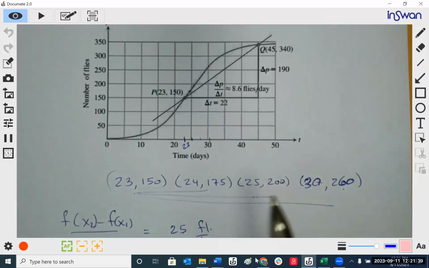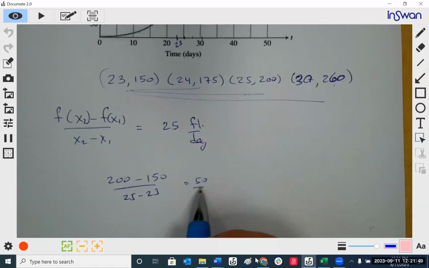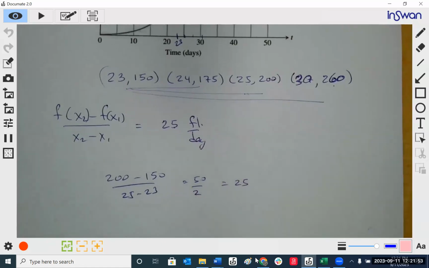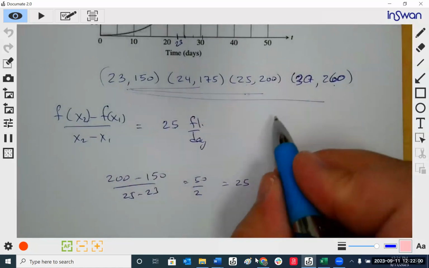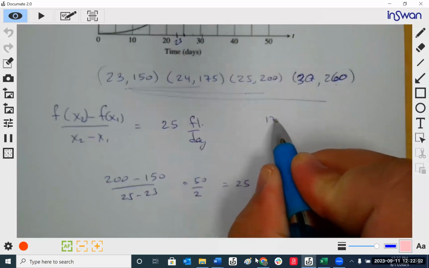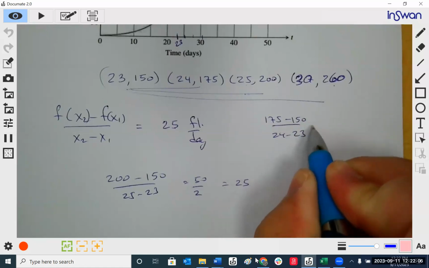What did this one give us? We had 200 minus 150 over 25 minus 23. That's also going to give us 25. Are you sure that's going to give us the same thing? 175 minus 150 over 24 minus 23.